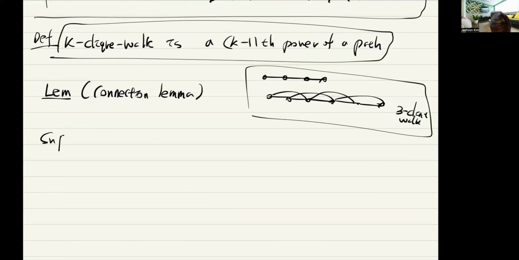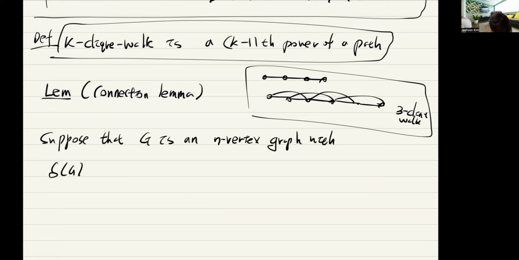Suppose that you have a graph G, which is an n vertex graph with a minimum degree at least (1 minus 1 over k) n plus 1.